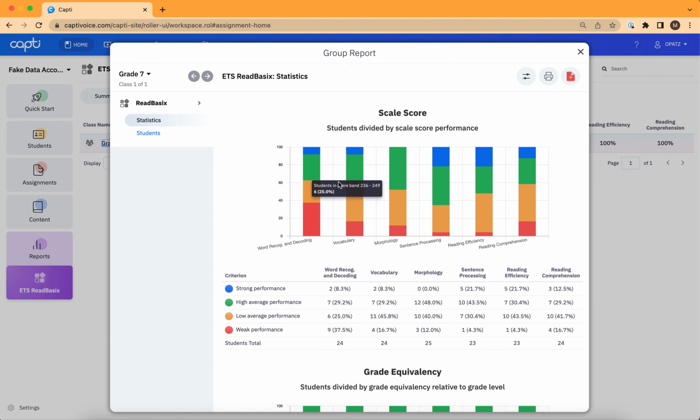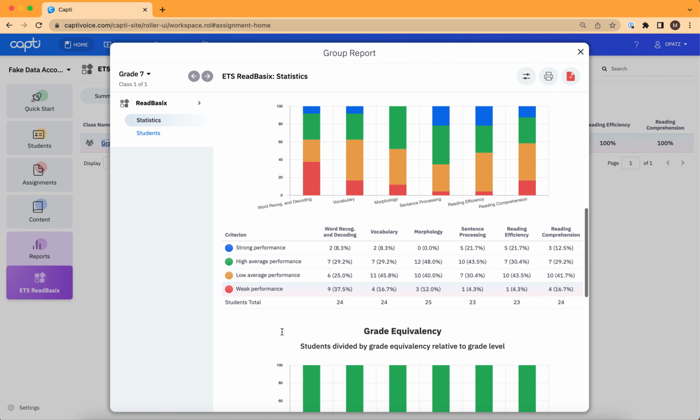And as I'm comparing it here, I can see which sub-skill students are really struggling the most in. And it looks like here would be word recognition and decoding and vocabulary. Though word recognition and decoding definitely has more students who performed at the weak performance level.